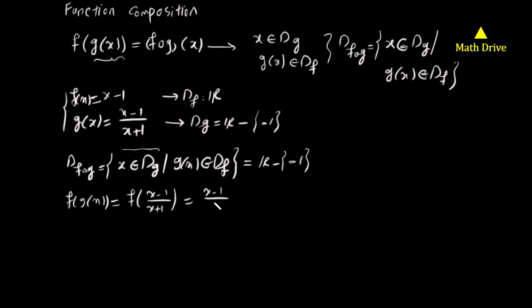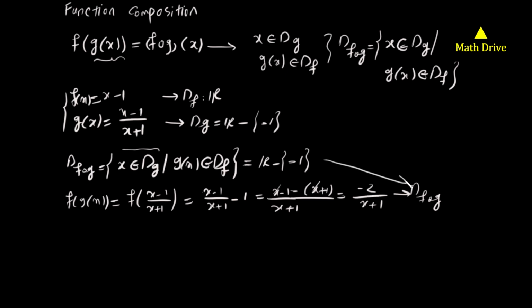So (x minus 1)/(x plus 1) minus 1, which is equal to (x minus 1 minus (x plus 1))/(x plus 1). x and x are going to cancel each other out. Minus 1 minus 1 gives minus 2 over x plus 1. So this is (f∘g)(x), and we can see that the domain of f∘g is equal to the set of real numbers minus {-1}.